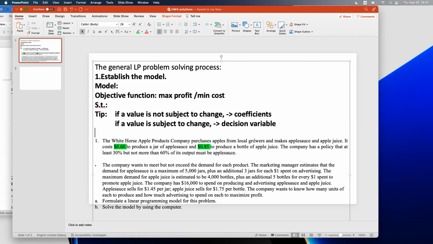So far we found two decision variables and two coefficients.